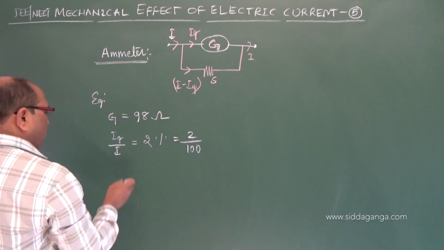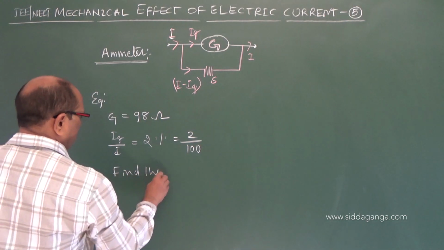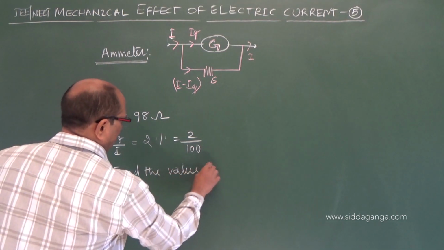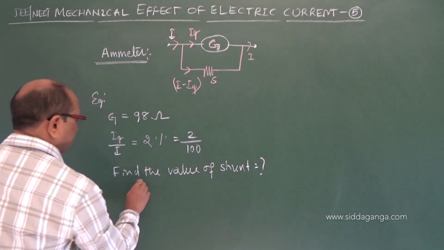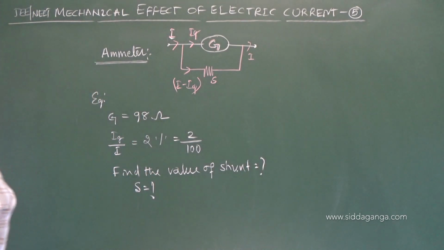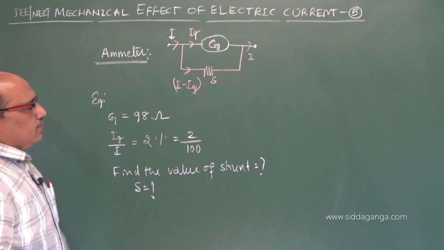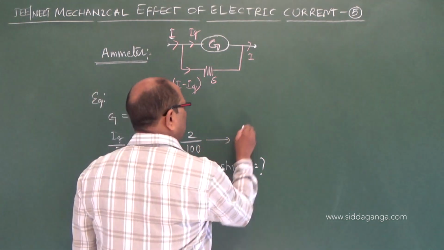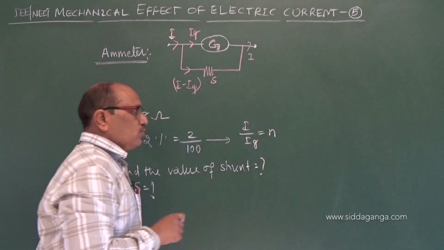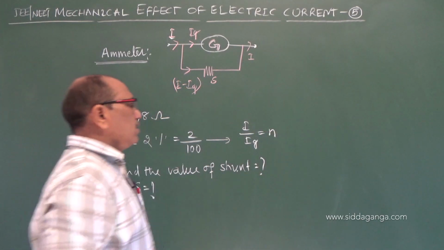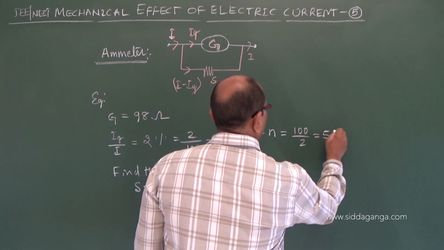Find the value of shunt. That means what is the value of S? Ig by I is given. So already you know I by Ig is n, new range to old range. That is 100 by 2. Or I can write it as 50.